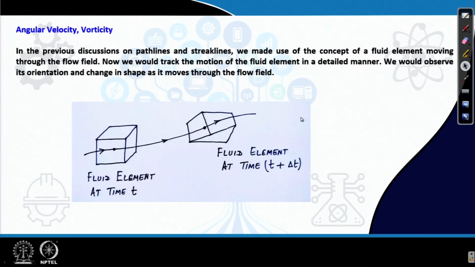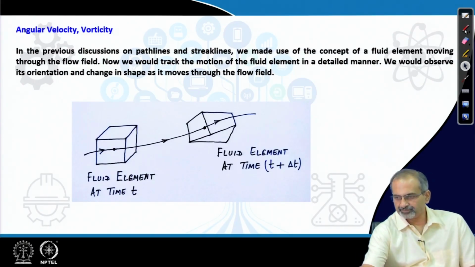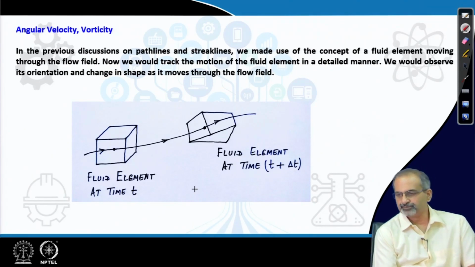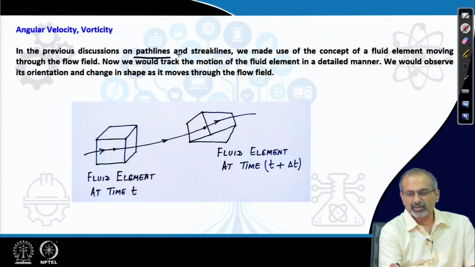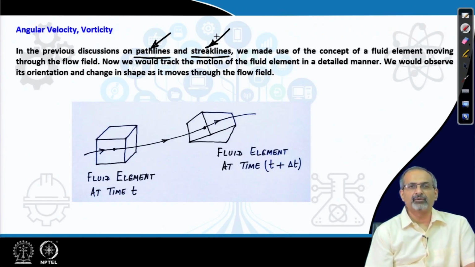We will look at angular velocity and vorticity of a fluid element. So, we are following a fluid element, that is what we ended up doing when we were discussing path lines and streak lines. In one case we were following one particular fluid element, in another case we were looking at fluid elements which were being injected continuously from an injection point, and they were behaving like neutrally buoyant marker particles.